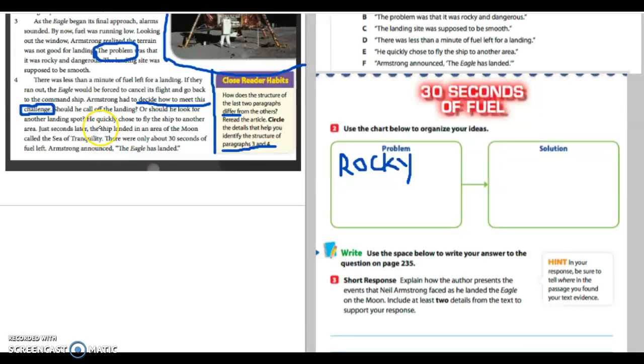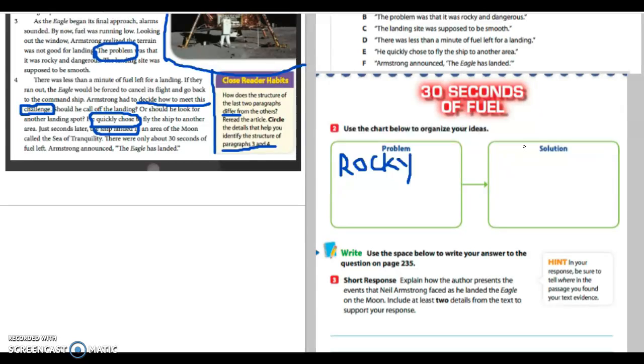It says next, he quickly chose to fly the ship to another area. Just seconds later, the ship landed in an area of the moon called the Sea of Tranquility. So we see those clue words, problem, challenge, and then what he chose, which is part of the solution.